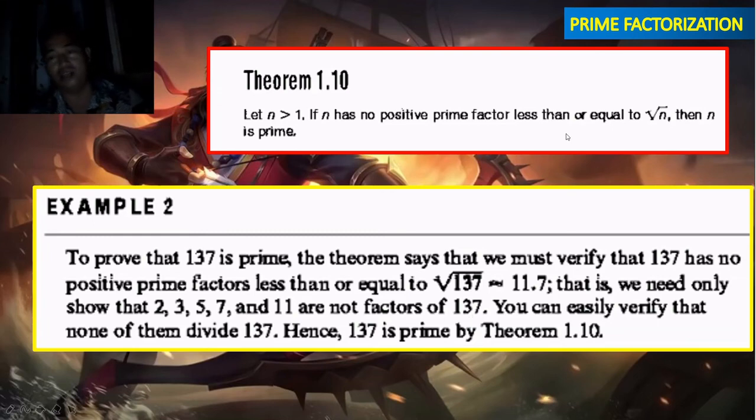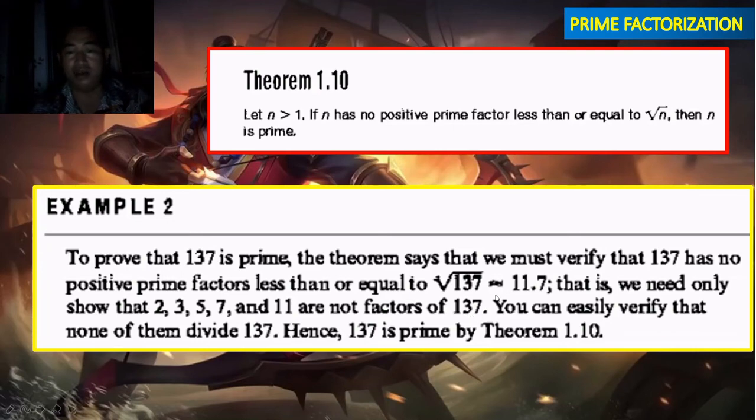So we take the square root of the number first, and check the prime factors less than or equal to it. These are 2, 3, 5, 7, and 11, which should not be factors of 137. You can easily verify that none of them divide 137. 2 does not divide it, since it is not even. For 3, if the sum of the digits is divisible by 3, then the number is divisible by 3.